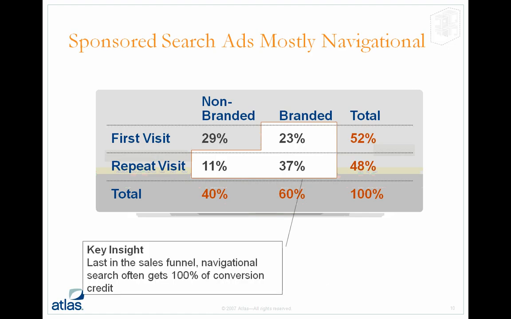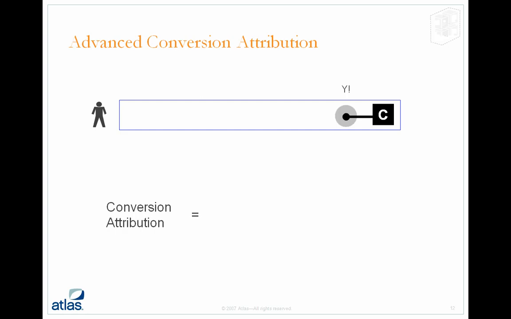So now we're going to turn and talk a little bit about what a better model for conversion attribution would be. Right now, this is our view of the world. We've got a converter, and that little circle represents a piece of media. I didn't have room to write out Yahoo, so I just put Y with an exclamation mark.